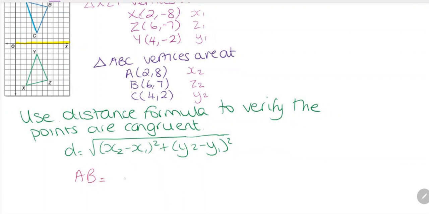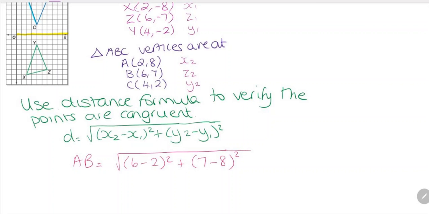Here we can say the distance, and we'll substitute in (6 minus 2) squared plus (7 minus 8) squared, and if we put it in our calculator, we've got 16 plus 1, so the square root of 17. So that is the distance from A to B.